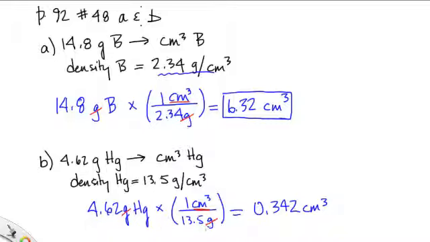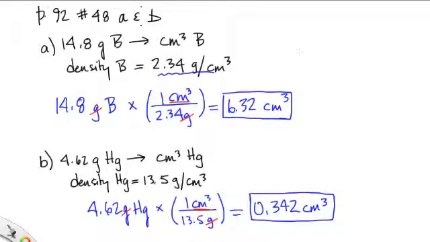The conversion factor doesn't count, so my answer has 3 sig figs. So these are density problems, essentially, but you're given the density and the mass, and now you need to find the volume. You can do that by using this conversion factor.